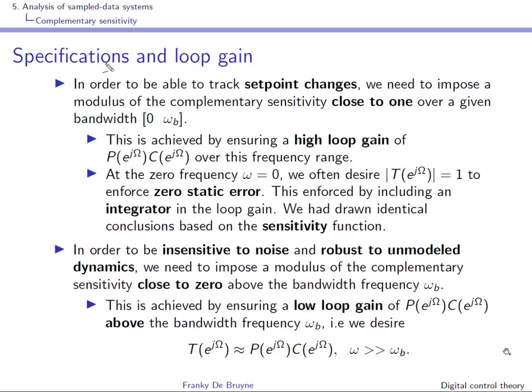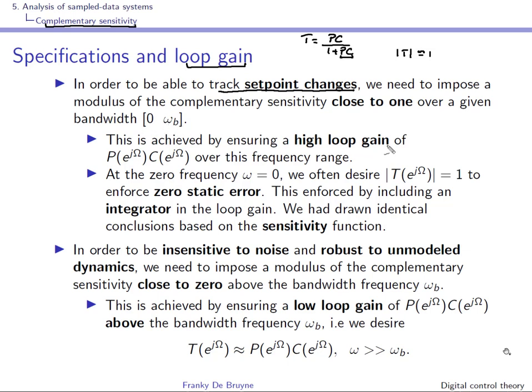We'll look at the specifications in terms of the complementary sensitivity and the loop gain. So T, the complementary sensitivity, is PC over 1 plus PC, and the loop gain is PC. We have seen that if you want to track set point changes, we have to impose that the modulus of T is very close to 1 over a given bandwidth, that is the bandwidth of the closed loop system.